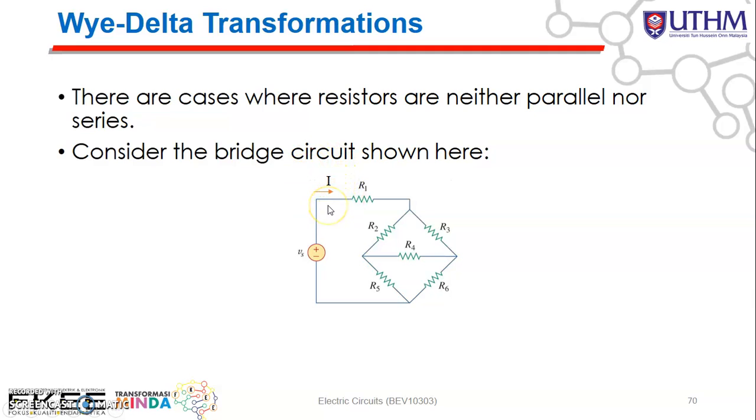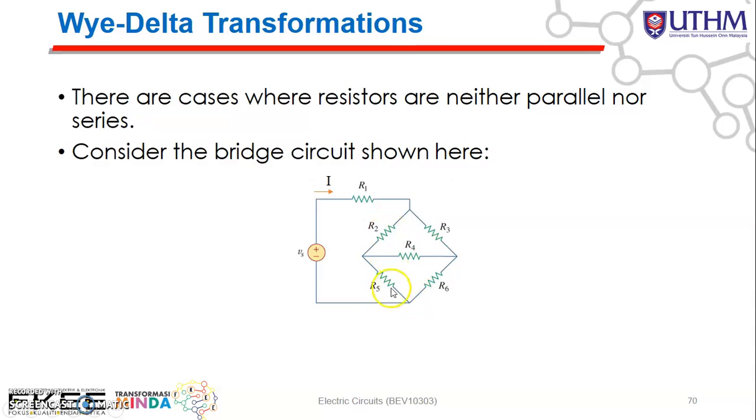As you might know, by applying Ohm's law, I is equal to Vs divided by R equivalent, I equals V over R. R equivalent is the combination of R1, R2, R3, R4, and so on. But the connection between R1 and this bridge is not in parallel and not in series.